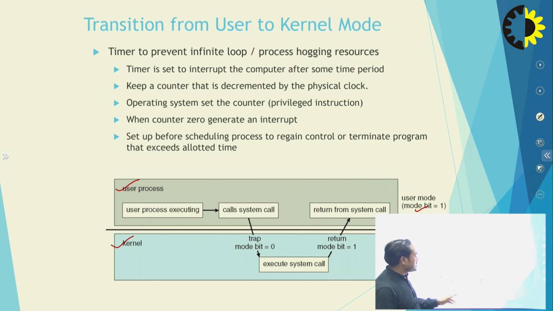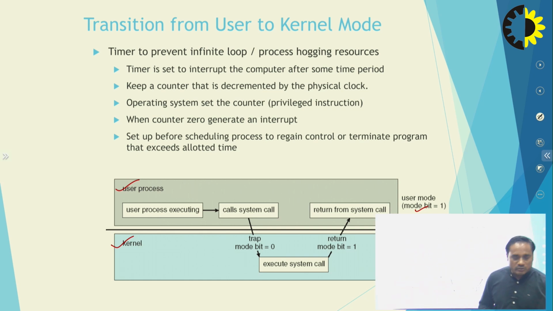If your request is granted or applicable, your program will start executing, and then return from the system call. The request comes from the user process to the kernel area, and the kernel starts executing that program. This is how user mode and kernel mode work.